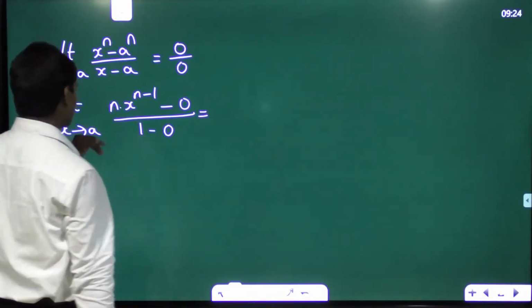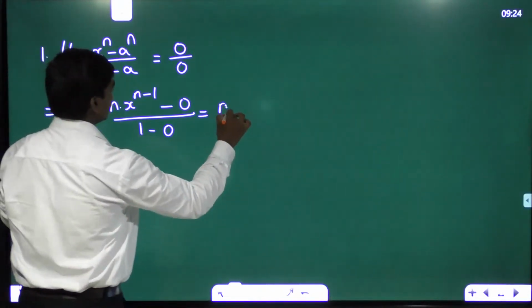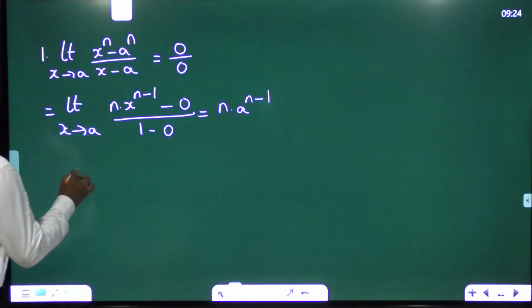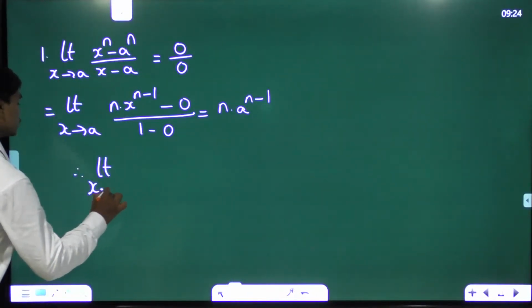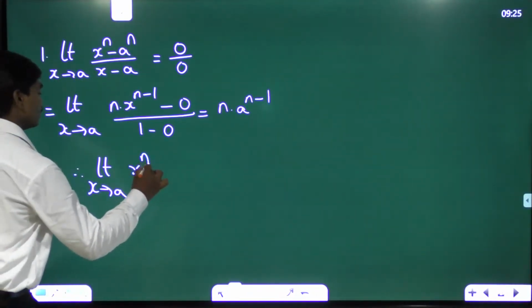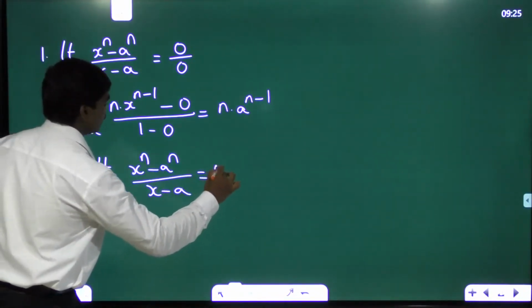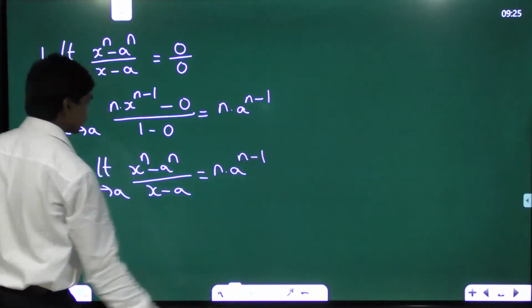So this is equal to, when you substitute a here, n into a^(n-1) divided by 1, which is the answer for this. Therefore, limit x tends to a, (x^n - a^n) divided by (x - a) is equal to n into a^(n-1).